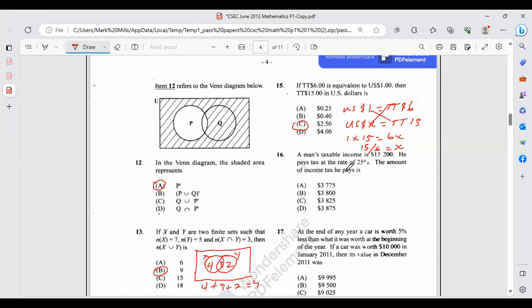You're going to say 25 over 100 times 15,200. Then we cancel the zeros, multiply 152 times 25, which would be 3,800.